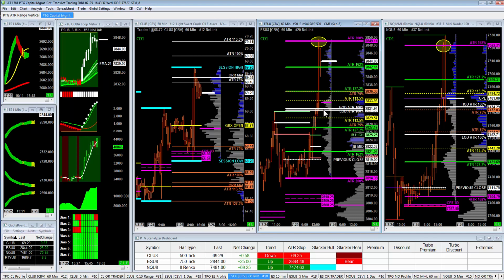Okay, so what do we use these for? Think about using average ranges as if you're on a football field. You have your 50-yard line, and you've got your goal lines, your end zones, and so where is price on the field? How much further can price potentially go to reach the goal line?